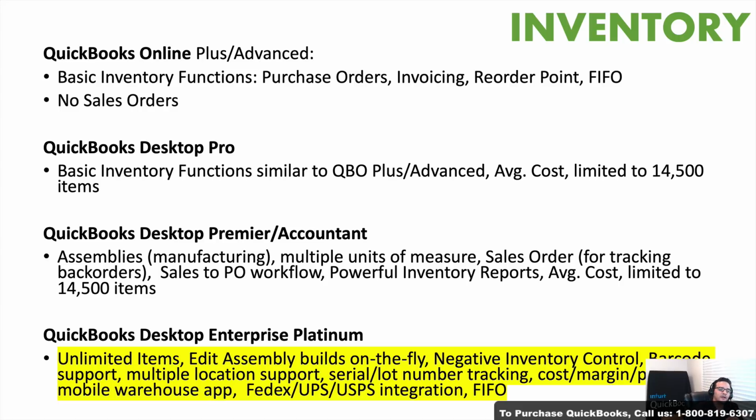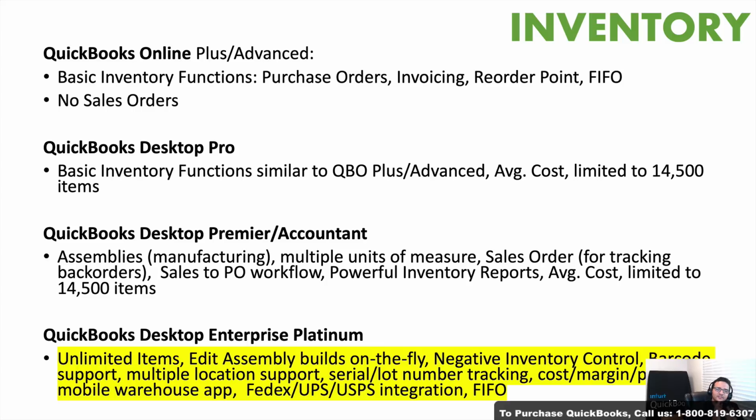Specifically, if you want to have unlimited items and you do manufacturing and you want to do assembly with changes on the fly, manage negative inventory issues, which happens a lot with accounting systems, barcodes, multiple location support, serial lot numbers, using a mobile warehouse app to manage picking and receiving, all that stuff, you may want to move straight to QuickBooks Desktop Enterprise. So when I have customers that do inventory, or their inventory manufacturing heavy type of company, we don't even look at anything else. We go straight to QuickBooks Enterprise.